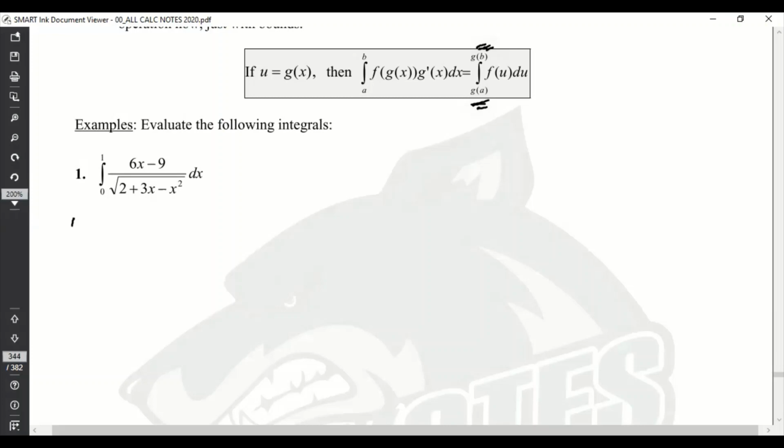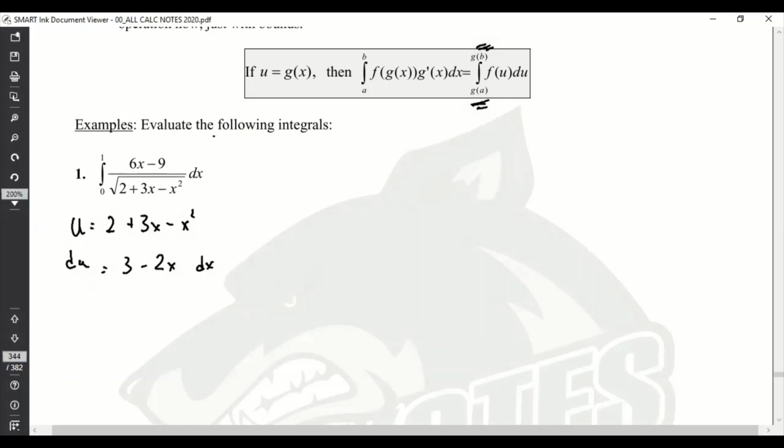If we let that be u, u is 2 plus 3x minus x squared, then the derivative, whether we call it du/dx, and we differentiate that, ends up being 3 minus 2x. Often we would just write it with our dx over here. It means the same: du is equal to 3 minus 2x dx.